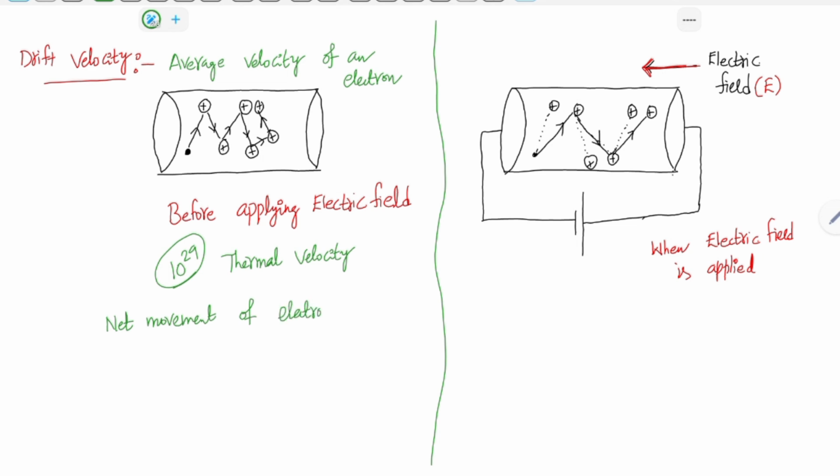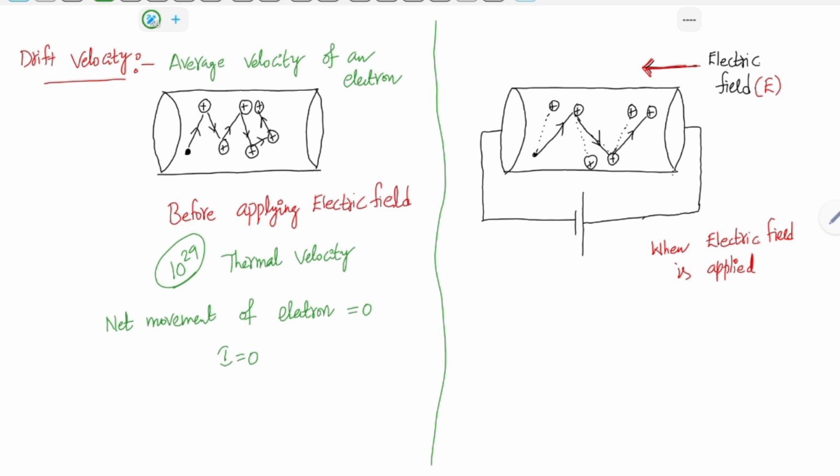If there is no net movement of electron, we can say that the current inside the conductor is zero. This is the situation when the conductor is not connected to a battery, or when we don't apply any electric field.